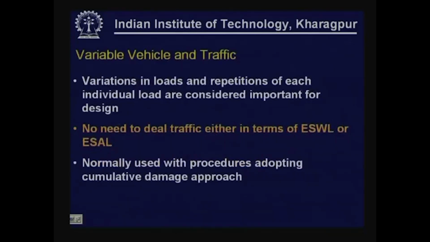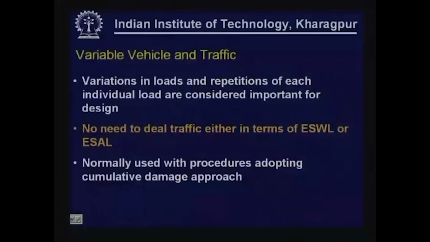We can also have an approach called the variable vehicle, variable traffic approach, in which we will not talk about a fixed vehicle, a standard load, or a standard traffic level. Rather, whatever be the load, whatever be the number of corresponding repetitions, we will take all of that into account.